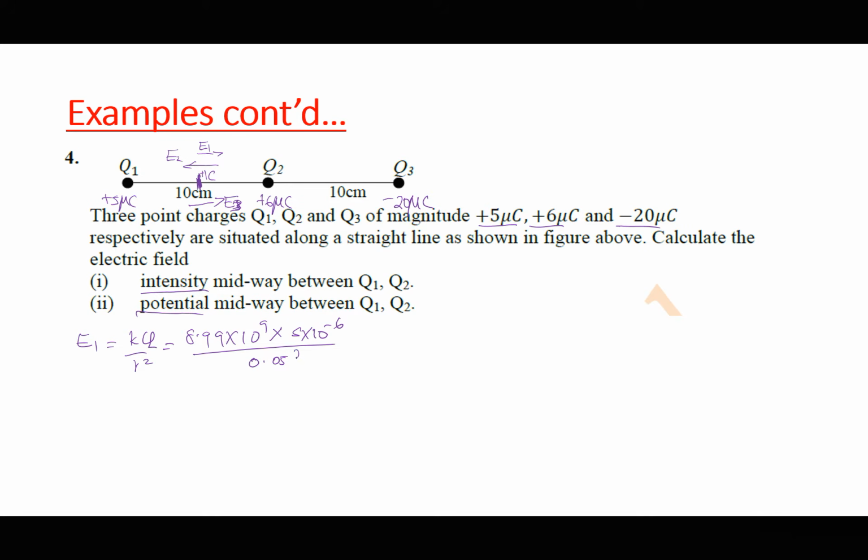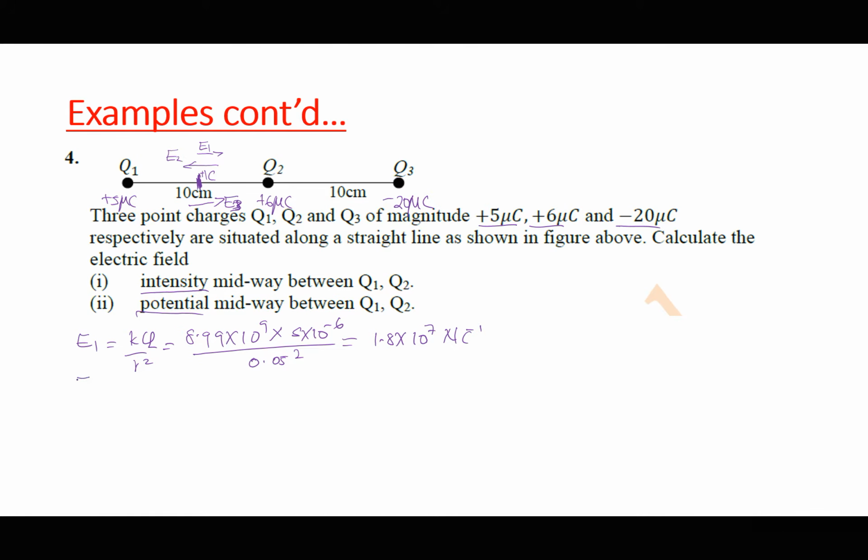You notice that here I have to square because it's electric field strength. So this gives me E1, the electric field strength caused by charge Q1. Pressing my calculator, this is giving me 1.8 times 10 power 7 newtons per coulomb.